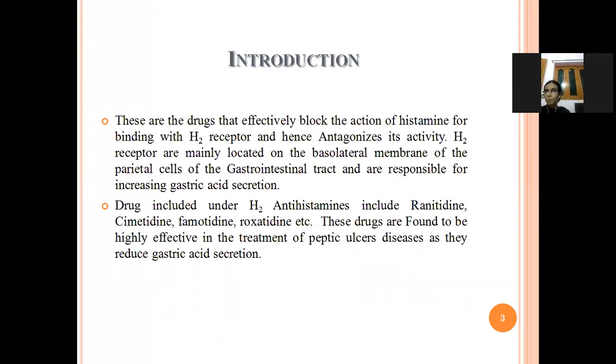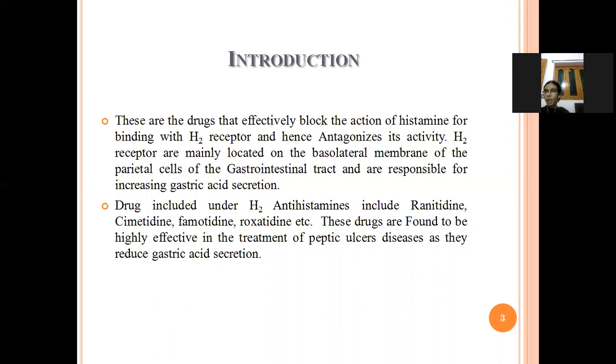Before knowing what an H2 antagonist is, let's see what the H2 receptor is. The H2 receptor is mainly present in the gastrointestinal tract, which is responsible for gastric acid secretion. If gastric acid secretion is more than normal, it will cause ulcers in the stomach.